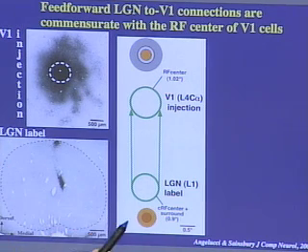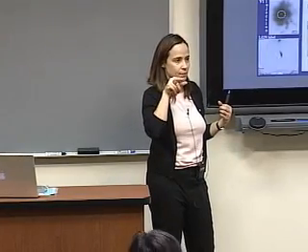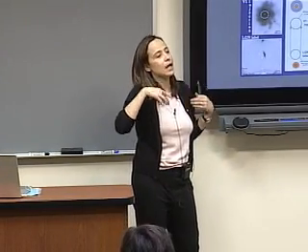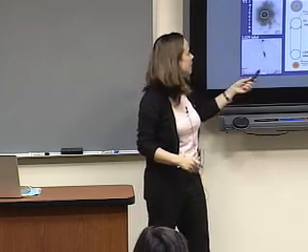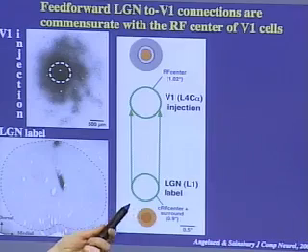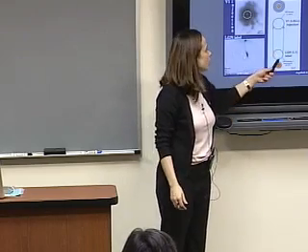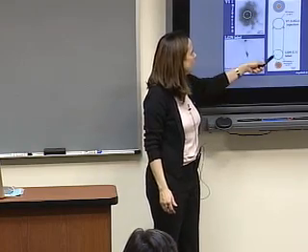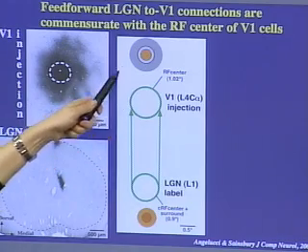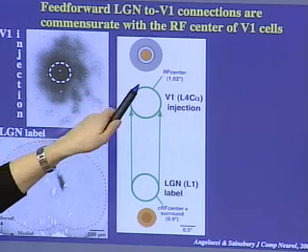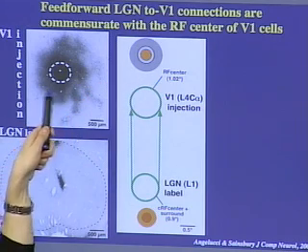I'm assuming that you know that LGN cells have receptive fields with a center and an antagonistic surround organization, and they come in two types, on and off. What we did is we summed up what this represents, the cumulative, what I call the aggregate classical receptive field of all the LGN neurons labeled here. We found it matched in size the cumulative receptive field center size of all the neurons at the V1 injection.